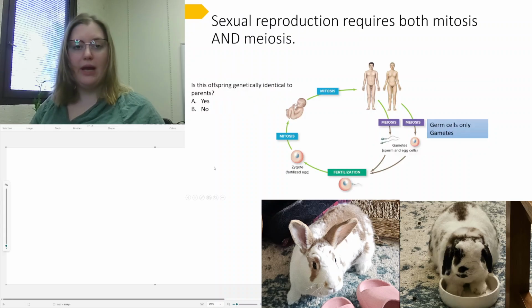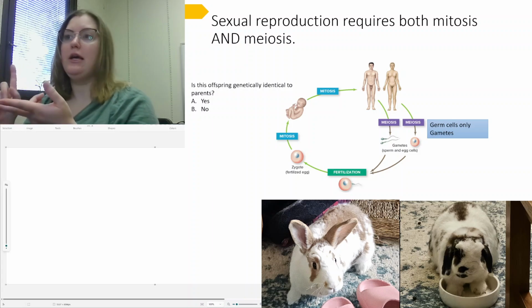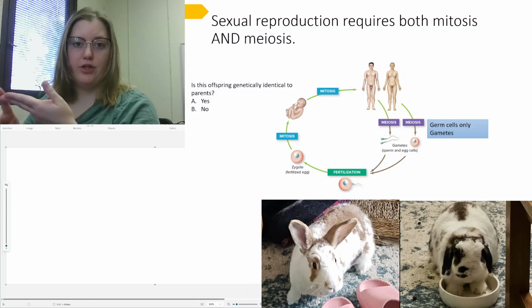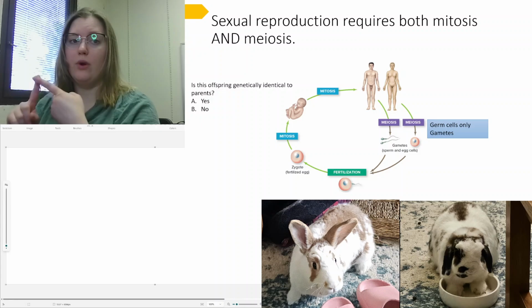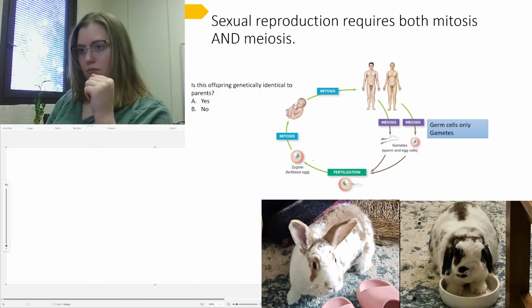So we have two different types of reproduction. We have sexual reproduction and we have asexual reproduction. Sexual reproduction requires mitosis and meiosis. Meiosis will be the next set of slides. This one is mitosis. So if we look here, we've got mitosis right here and here, and we have meiosis over here.